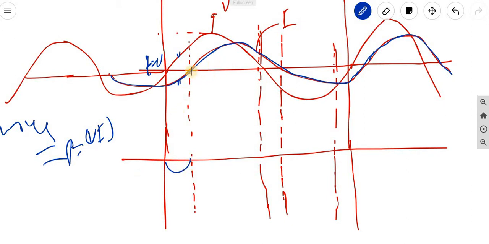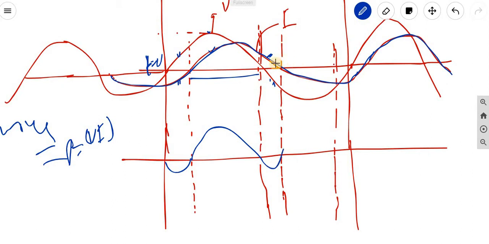And for from this to this, current is positive and voltage is also positive, so in such a case, for this period, we will get this. And again, current is positive but voltage is negative, so it will be like this.